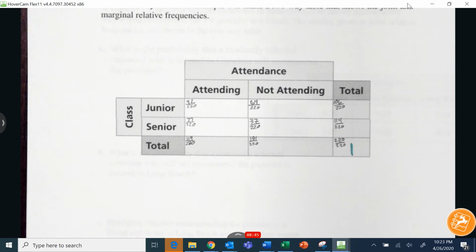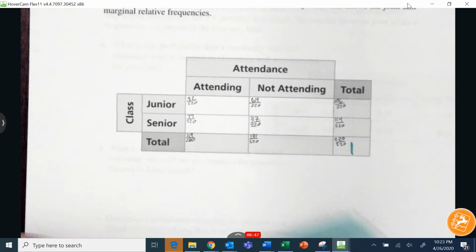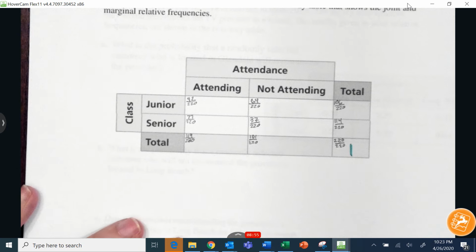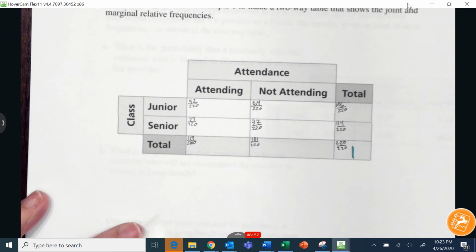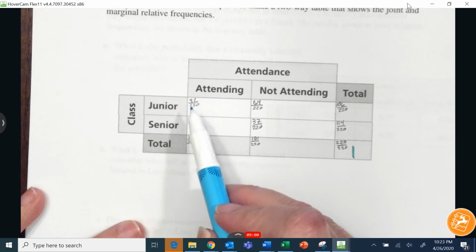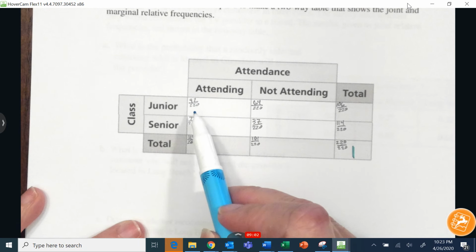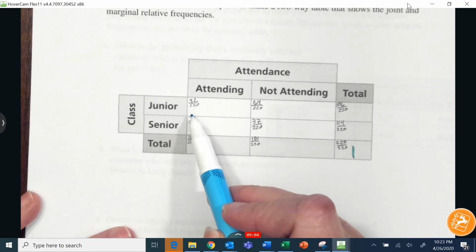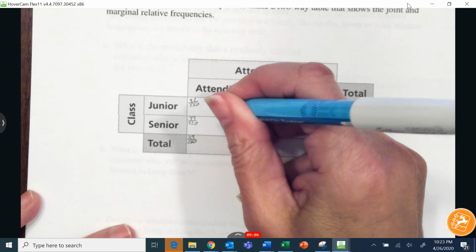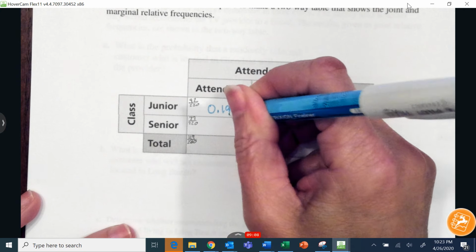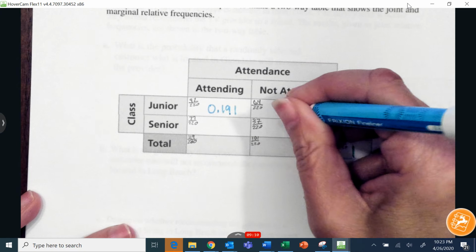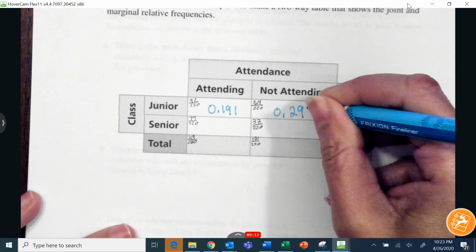So now we're just going to use our calculator and calculate each one of these. We're going to round to 3 decimal places to get some accuracy. I've already written these down to save a little bit of time on the video. I'm sure that you can divide these on your own. But when I divide 42 by 220, we get 0.191. I get 0.291.